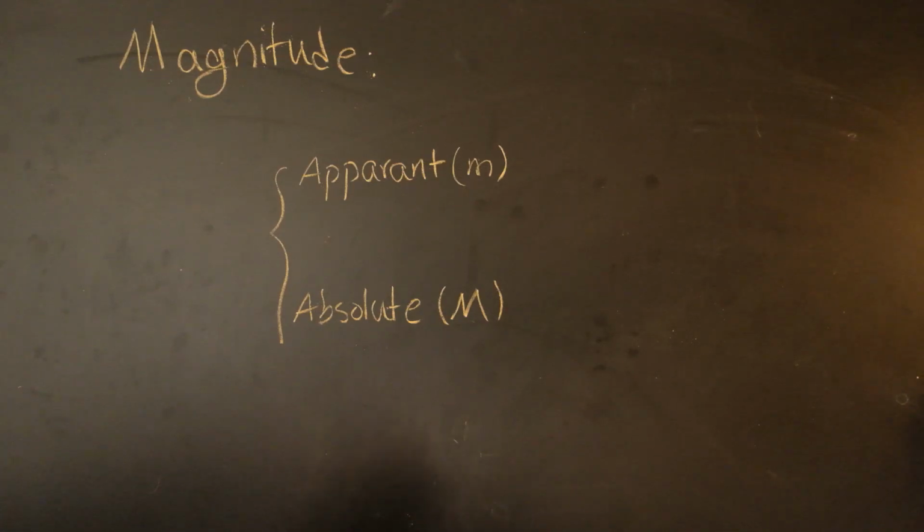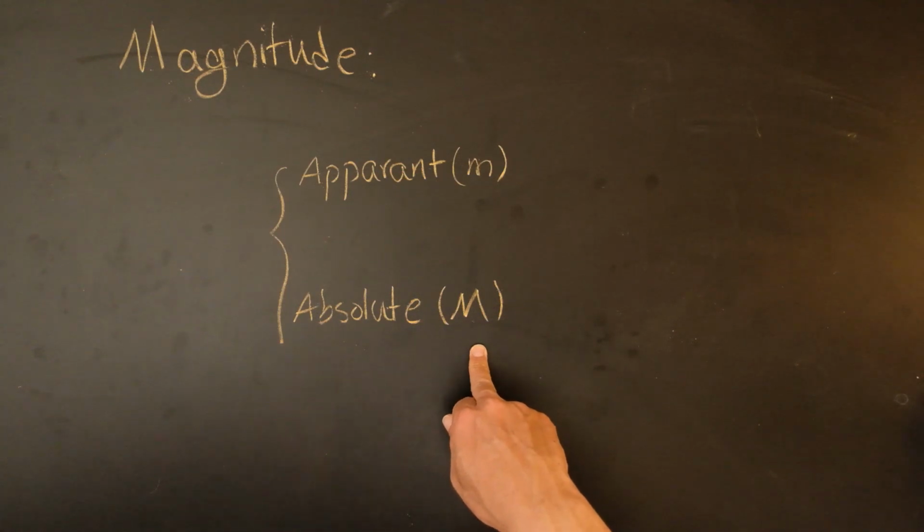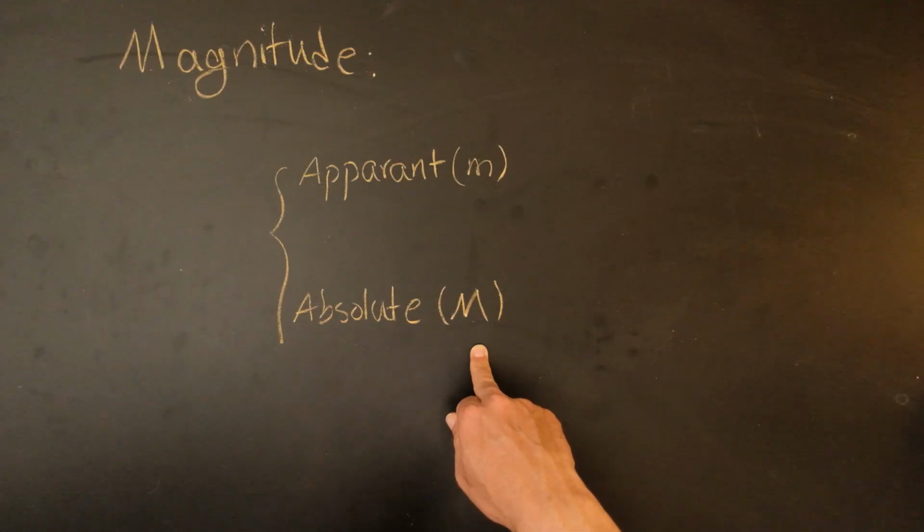And this measured magnitude is absolute magnitude. This is a reliable number because we suppose all stars are at the same distance. Now, we don't have any distance effect. We can compare different stars.